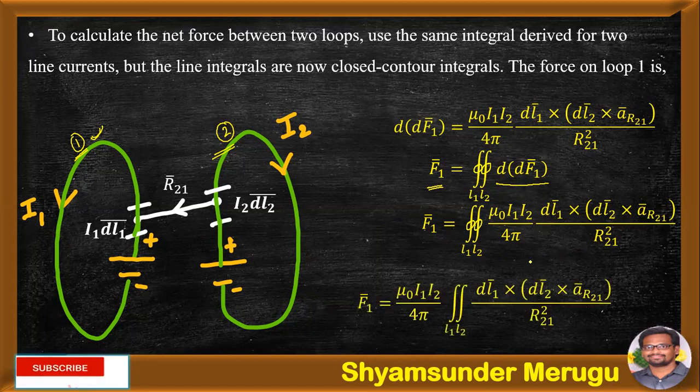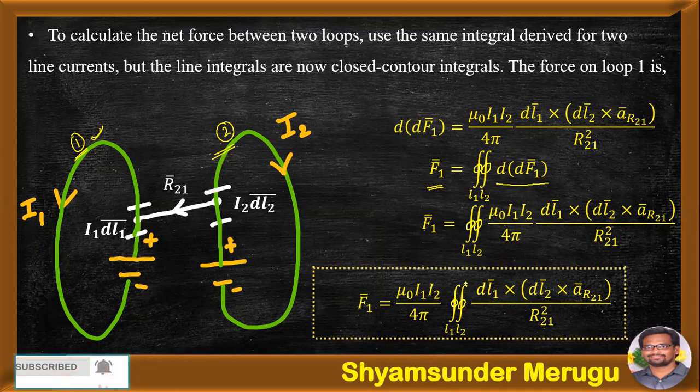Rearranging this expression, we get F1 bar equals mu naught I1 I2 over 4 pi closed line integral L1 closed line integral L2 dl1 bar cross (dl2 bar cross a_R21 bar) over R21 square. Now this is the expression which shows the force exerted on loop 1 due to loop 2.